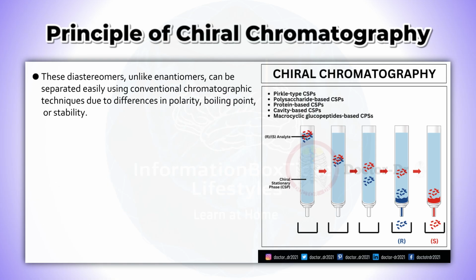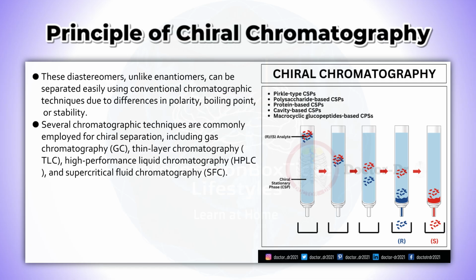These diastereomers, unlike enantiomers, can be separated easily using conventional chromatographic techniques due to differences in polarity, boiling point, or stability. Several chromatographic techniques are commonly employed for chiral separation, including gas chromatography (GC), thin layer chromatography (TLC), high-performance liquid chromatography (HPLC), and supercritical fluid chromatography (SFC).